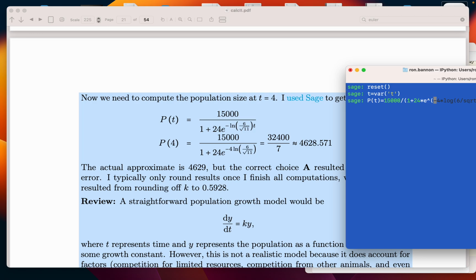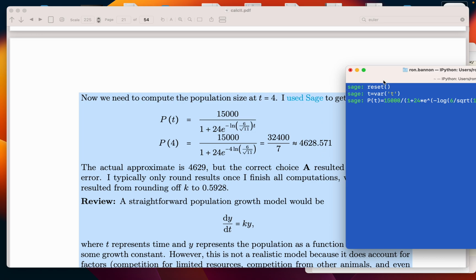And that power, I've got to be careful here, looks like minus the log, L-O-G. Now log in Sage means natural log. And what am I doing? It's going to be 6 divided by the square root of 11.